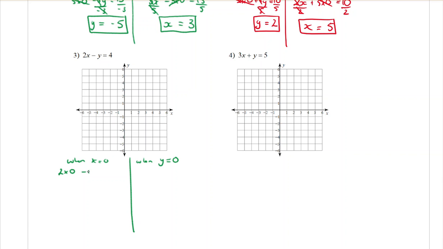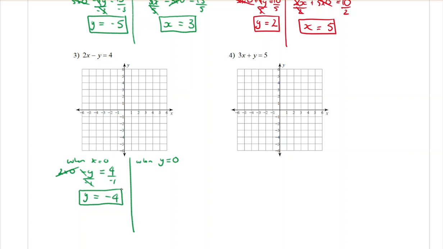Then I have the minus y and equals 4. 2 times 0 is nothing. Cross it out. A minus in front of your y, though, that is like a minus 1. If you want to get rid of it, you're dividing by negative 1. That will cancel the minus sign out. Y equals negative 4.